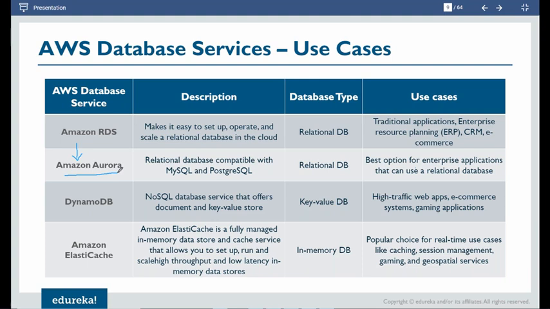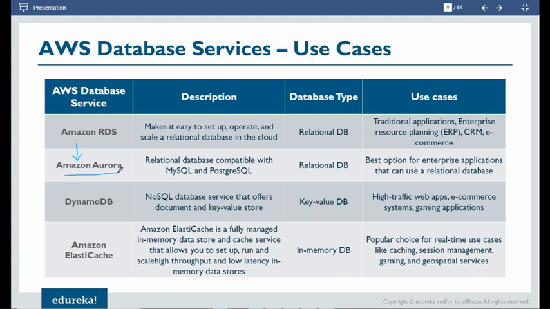You must have used Oracle, MySQL, PostgreSQL in your on-premises, but Amazon Aurora is only part of AWS. You must not have seen that in your on-premise infrastructure. RDS is nothing but your relational database service from AWS. It is a platform as a service, so you don't have to worry about the underlying infrastructure.